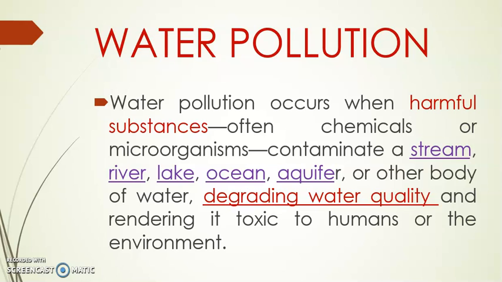Water is mixed with chemicals and contaminated microorganisms. Streams, rivers, lakes, oceans, and other water bodies are affected by these harmful substances. What will happen after mixing? The quality of water will degrade, and that will affect humans and their environment.